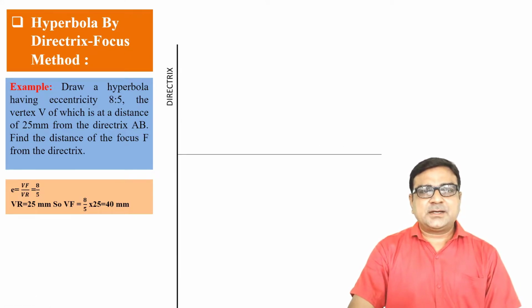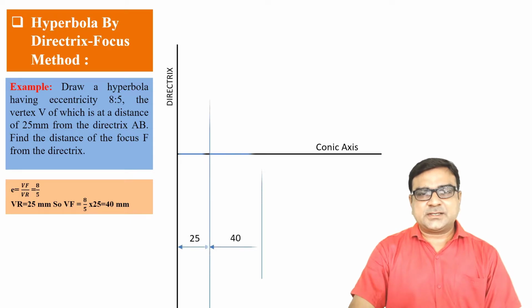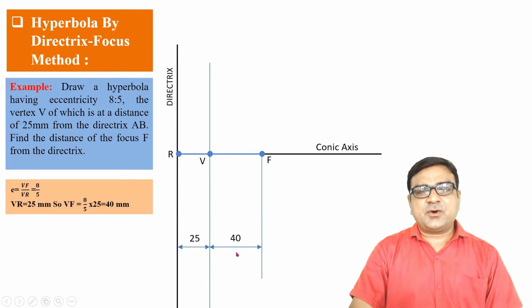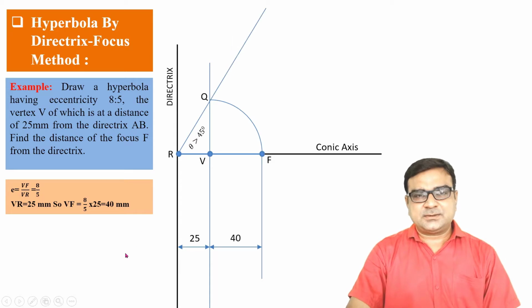So draw one directrix, a vertical line, the conic axis, and insert 3 points R, V, and F. So RV is 25 mm as given, and VF is 40 mm because the eccentricity is 8 by 5. V center, VF radius, draw an arc, then the RQ line.